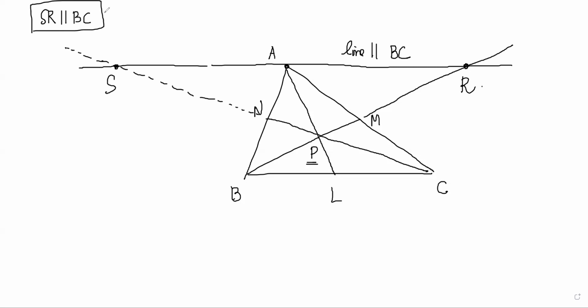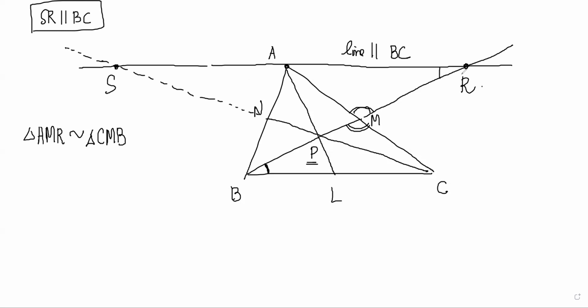in this figure, right? So, for example, I can say that triangle AMR is similar to triangle CMB. Think about it. AMR is this one, similar to, I'm saying, CMB. Why? You can easily say vertically opposite angles, and you can also say interior alternate angles, right?